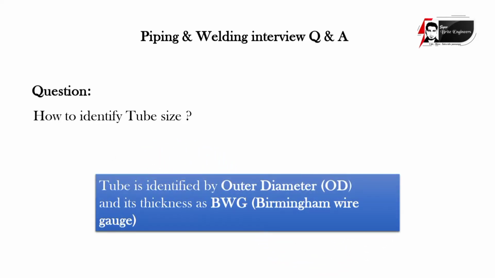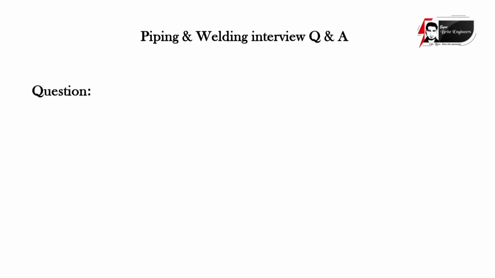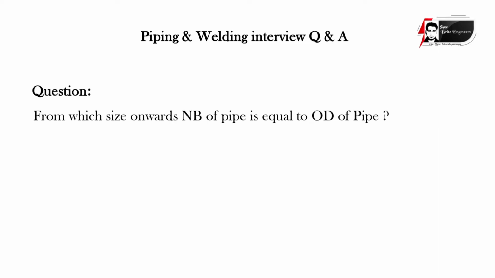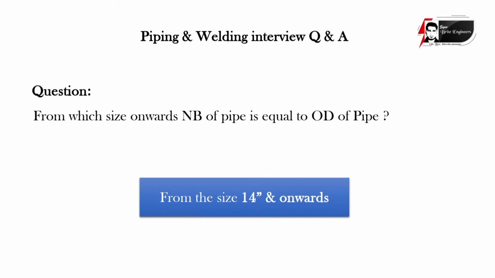Tube is identified by outer diameter and its thickness as BWG, Birmingham wire gauge. From which size onward is the nominal bore of the pipe equal to the outer diameter of the pipe? From the size 14 inch and onward.